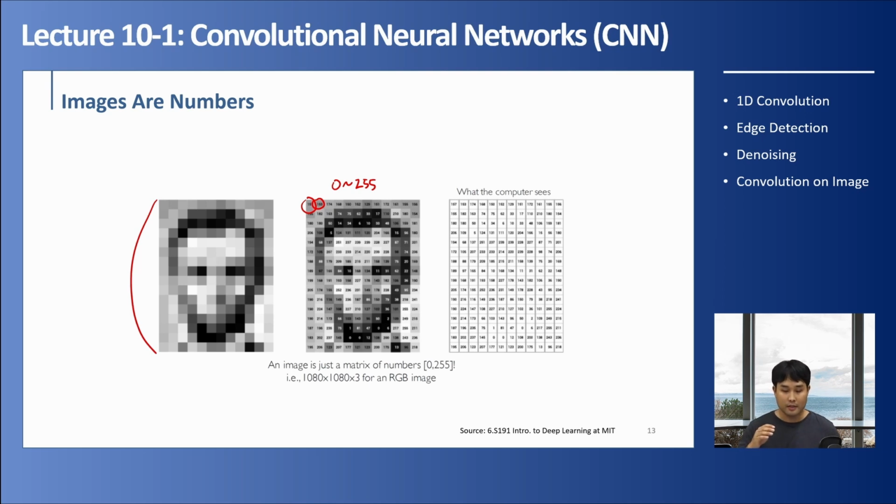So this implies that a computer simply interprets an image as a matrix with a bunch of numbers. And although this example is shown in grayscale, a typical image will have colors, implying that, for example, if we have a 1080 by 1080 image, and assuming that we have 3 channels, or 3 colors in this case, the computer will interpret that particular image as a 3-dimensional matrix for an RGB image.